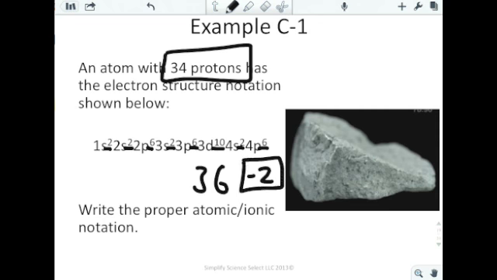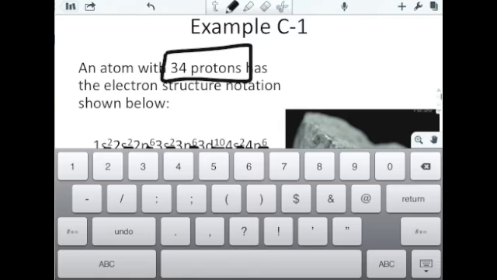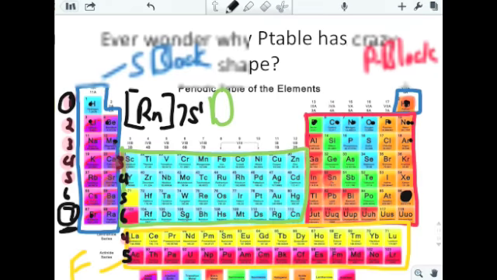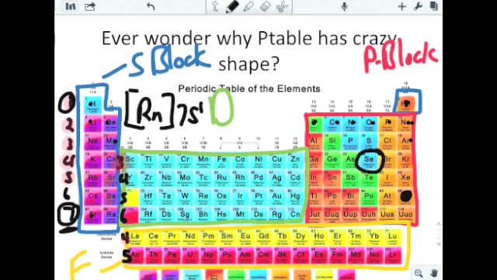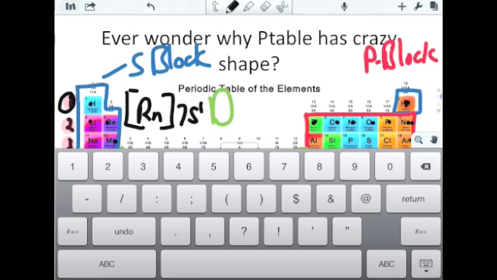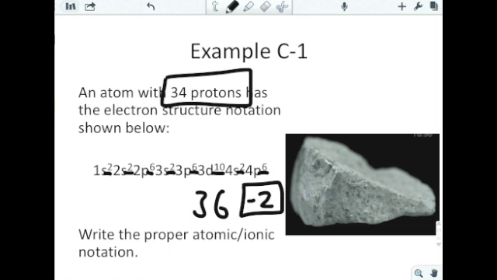All we have to do is look on our periodic table and see what has 34, which would be selenium, Se. That's the element we're dealing with, so we have Se, and then we have a -2 charge. Because 34 protons gives us selenium, and then we counted up all of our electrons, which is 36, a difference of 2.